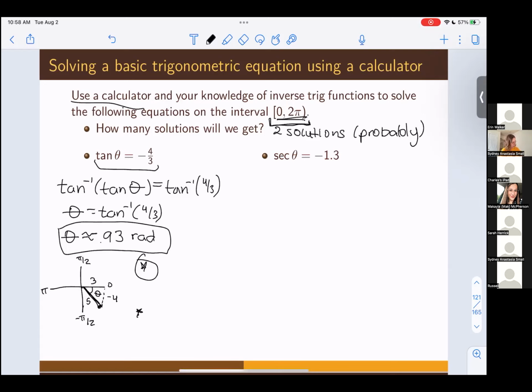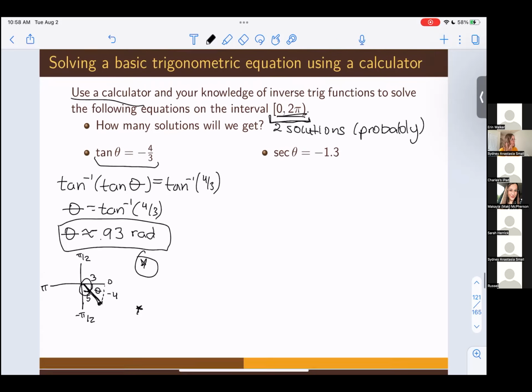But I care in particular about this one because we know that -0.93 radians is between 0 and negative pi over 2. So if I just go around the circle once, it'll give me an answer between 0 and 2 pi. So we could just find the one angle coterminal to -0.93 radians by adding 2 pi to it to get it in the interval 0 to 2 pi, and that will be one of our solutions.